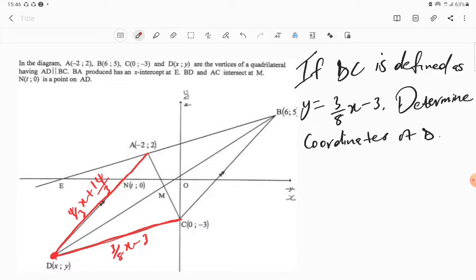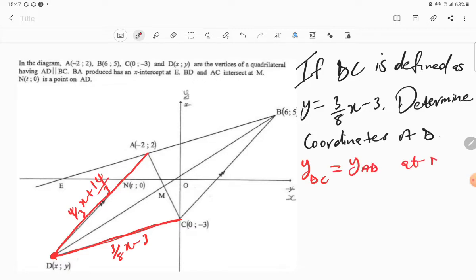So in mathematics we say they are equal, they meet there, so they share the same coordinate there. So what do we mean by that? We mean that the y value, the equation of DC must be equal to the equation of AD at what?